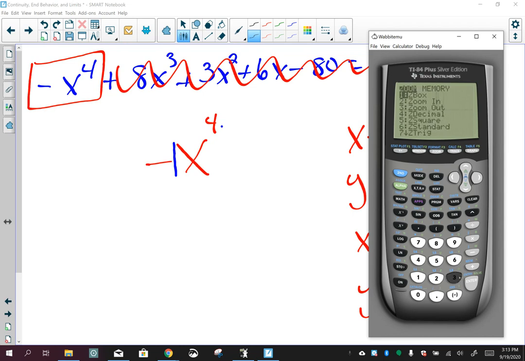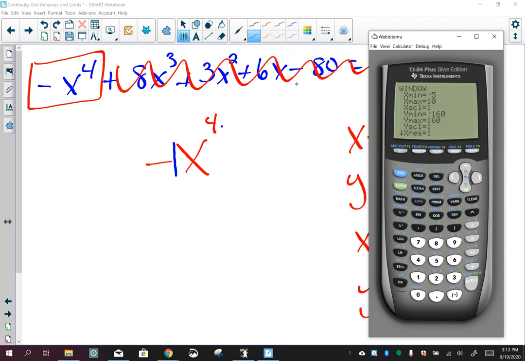Let's do it again. Zoom 3. Now I can't see anything. So no, that's fine. Let's change our window. Let's go from -5 to 10.